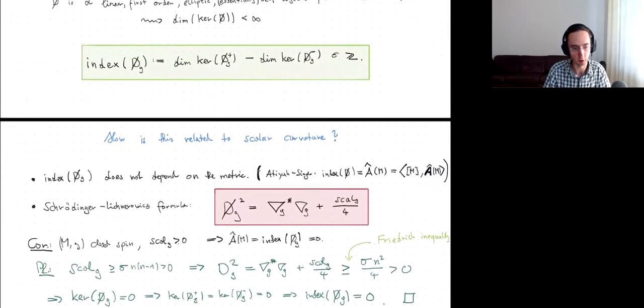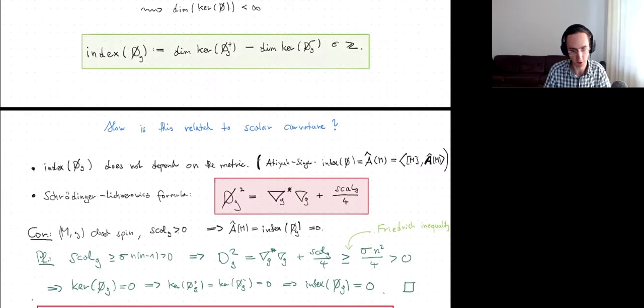The corollary of these two facts, which were first used by Lichnerowicz in the 1960s, is that if you have a closed spin manifold and the scalar curvature is positive, then the A-hat genus must vanish.